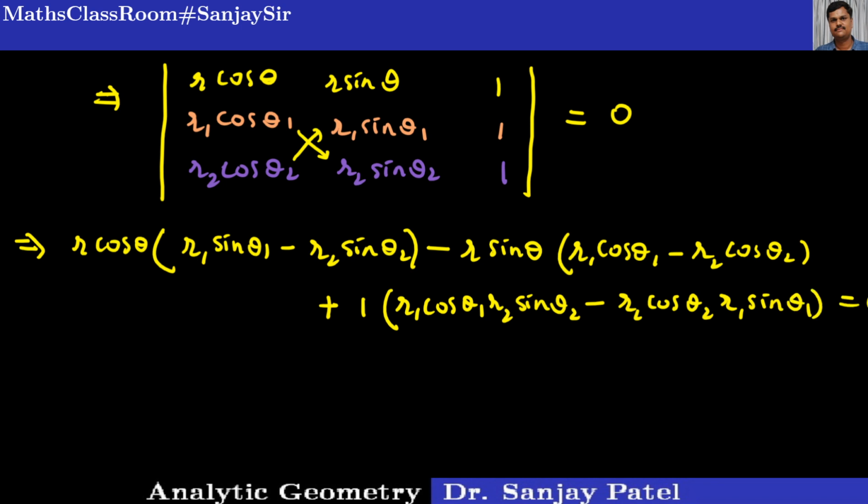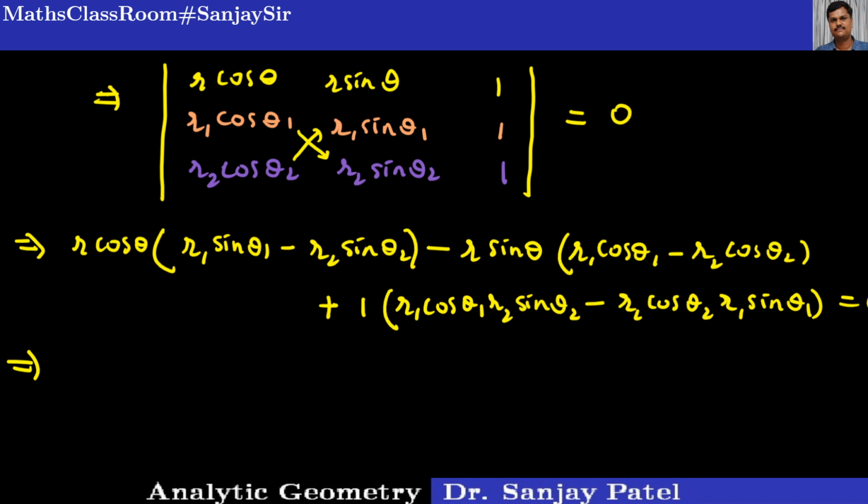Now it's a matter of simplification only. There are a lot of terms, but if we expand and observe this very closely, we will see that we have three types of terms, having the multiples of r1, then r1 r2, then r2, like that. So I will collect the terms in this manner.